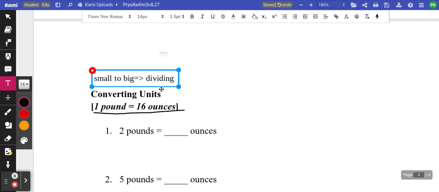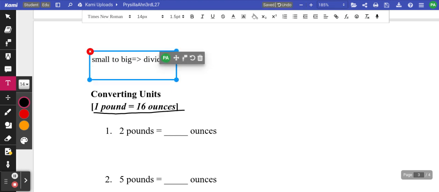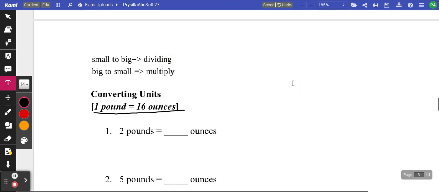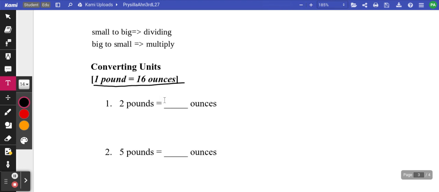And when you go from small to big, you're dividing. But it'll make sense as I do some examples.